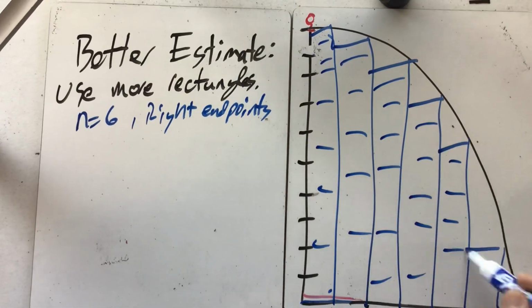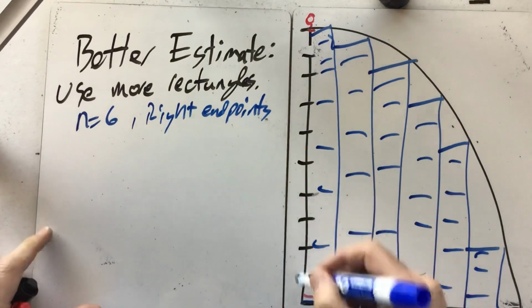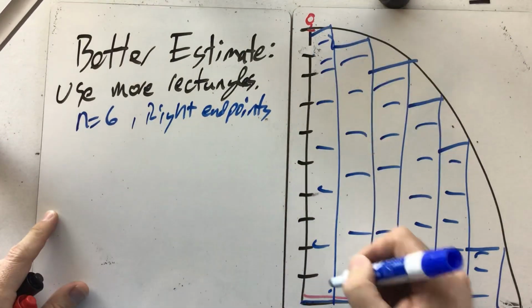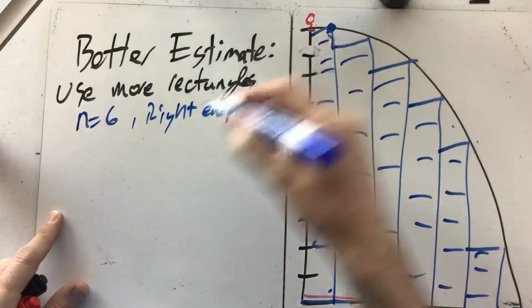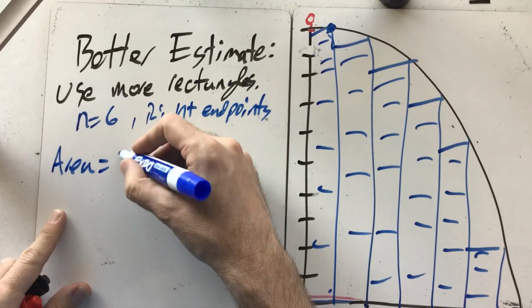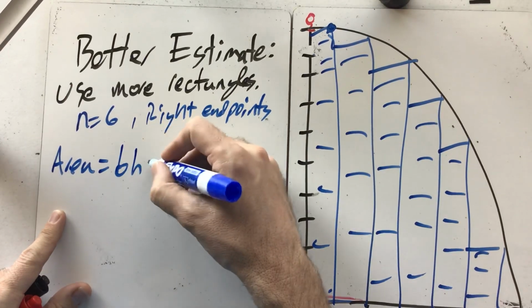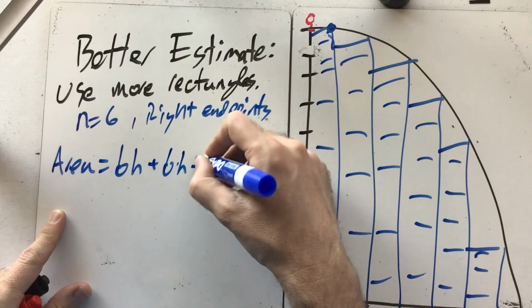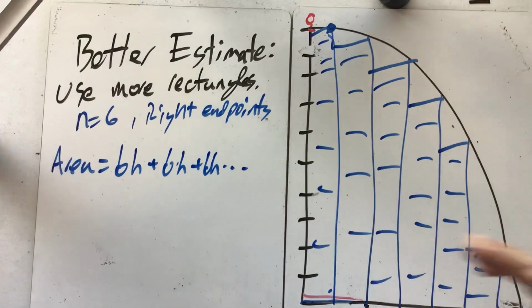And so we could calculate this. How would I calculate this estimate? The way I would calculate this is my area would be the base times height plus base times height plus base times height. So I would do that each time.